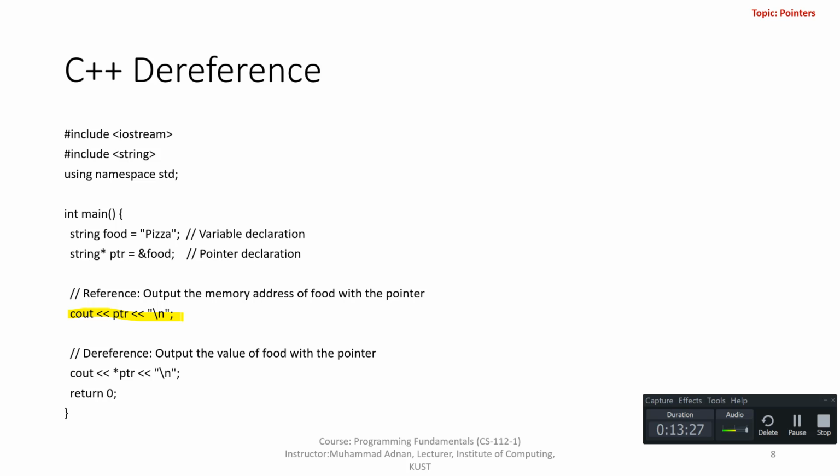But what does dereferencing mean? Dereferencing means to output the value of food with a pointer. If you want to output the value of this food variable, you can write cout, then the asterisk operator, which is also called the dereferencing operator, then the name of the pointer, which is ptr, and then you go to the next line.